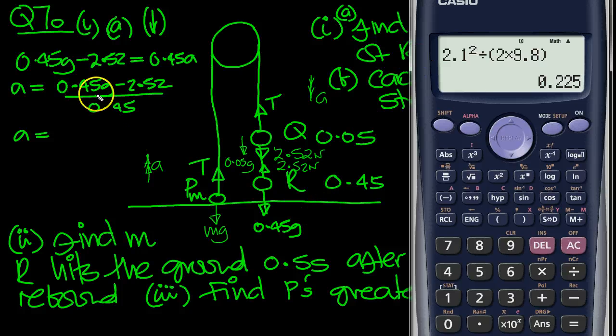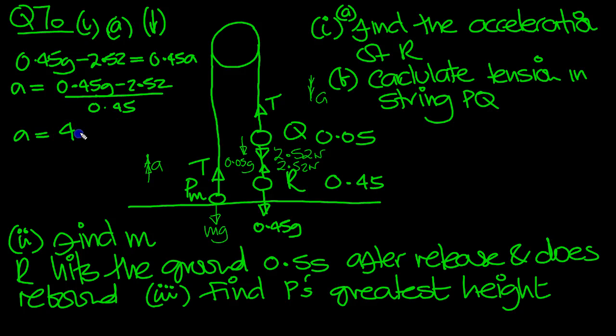We've got 0.45 g minus the 2.52, that's the top number, divide by 0.45, equals 21 over 5, which is 4.2 meters per second per second. So there's the acceleration downwards, so we know that. Let's put that in the diagram then. Here 4.2 and here 4.2.